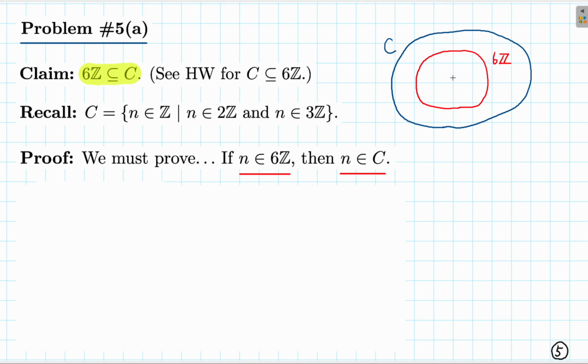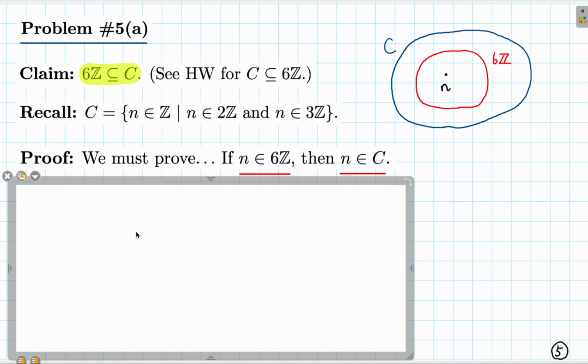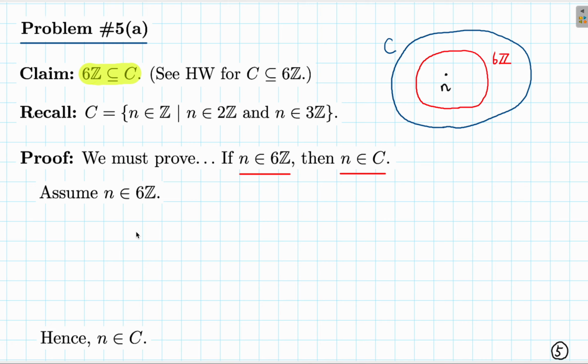And we can see that by the visual here. If we want to show that 6Z is a subset of C, we take any arbitrary element inside 6Z, and we have to show that it's also inside or contained in C. And because we identified the hypothesis and the conclusion, we already have our first and last lines of the proof as usual.